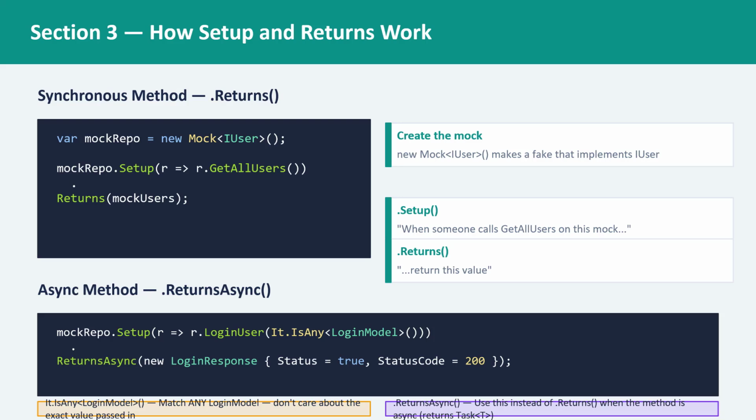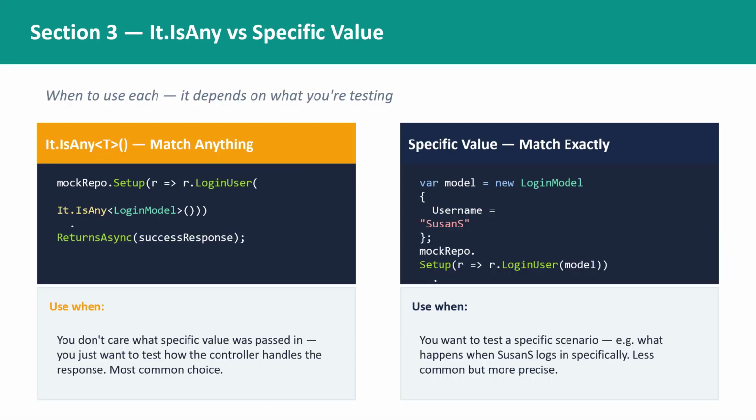So let's look a little more closely on the next slide. It's important to understand this because it's a decision you'll make every time you write a mock setup. It is any of a type, right? And we say that using the bracket T when you see that in documentation, has to match any value of that type.